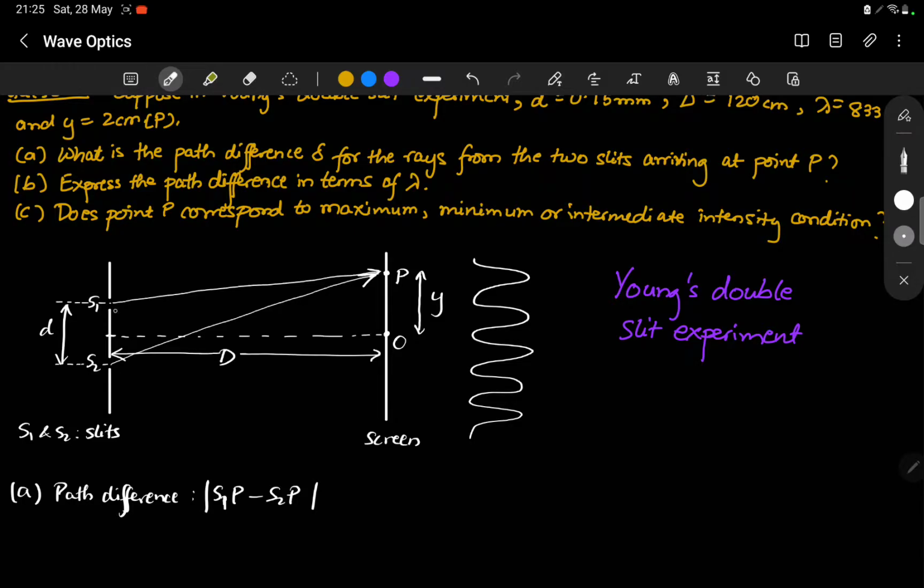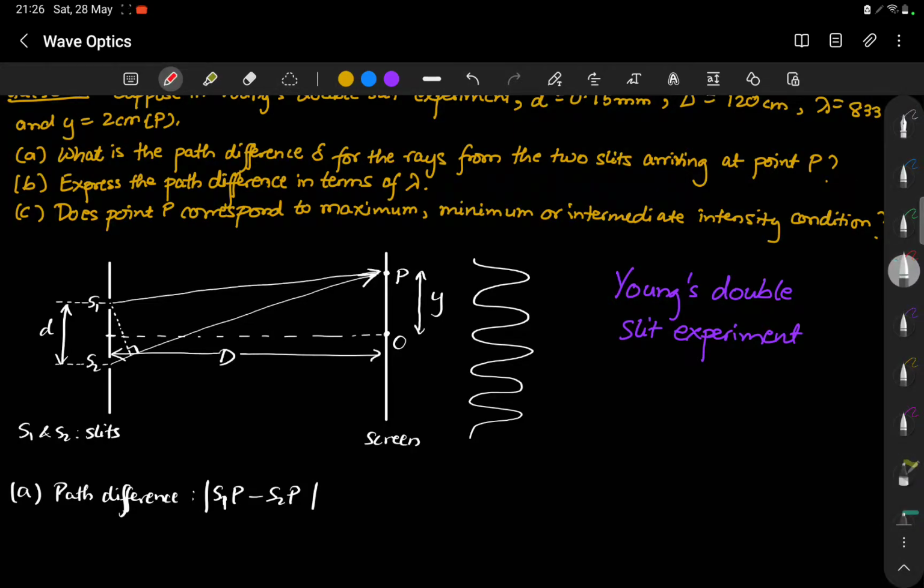In order to find that, we can drop a perpendicular from S1 onto S2P, and this perpendicular is going to be roughly the path difference.